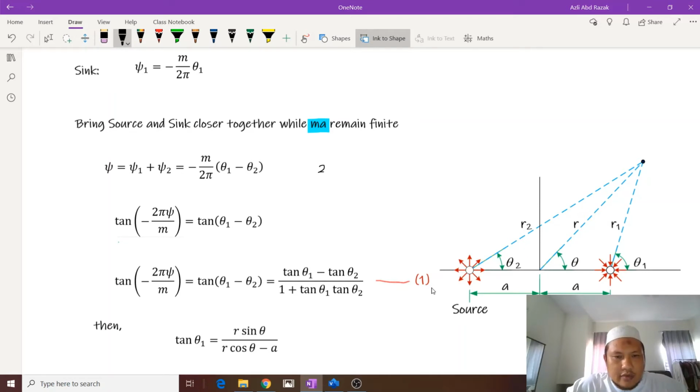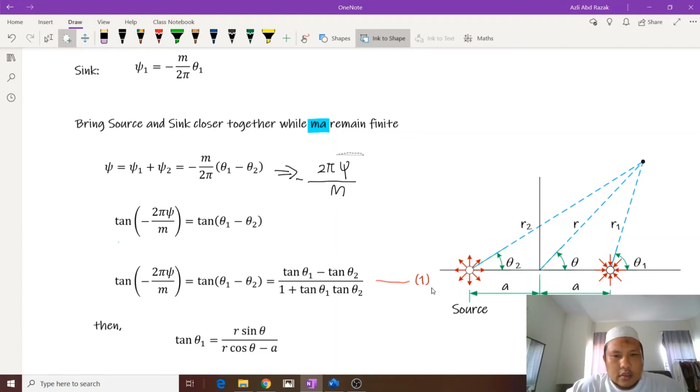So we have 2 pi psi divided by m. I divide by m, so I put a minus here.